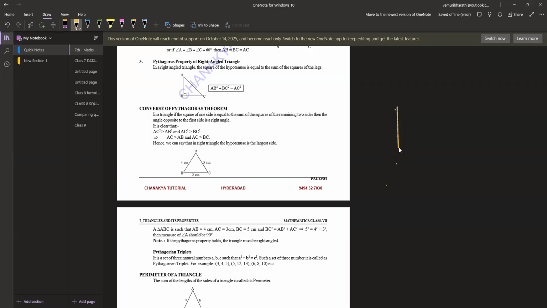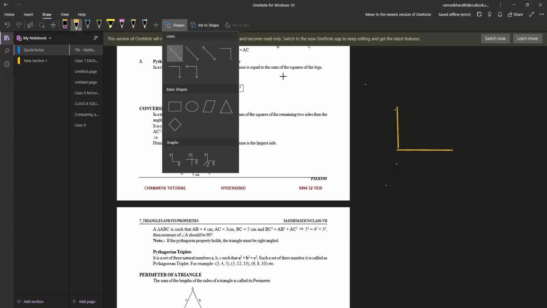My sides are the 3, 4, 5, beta. In this 3, 4, 5, what is the 3 centimeters, 4 centimeters, and 5 centimeters? What is the hypotenuse? That's what I want. I just think this is the right angle triangle.